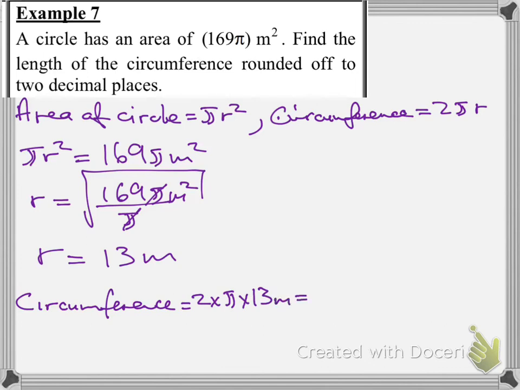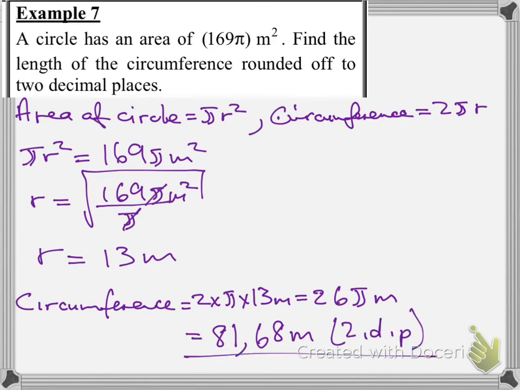So 2 times shift pi times 13 will give us 26 pi meters. Remember, they say we must round off to 2 decimal places, so it's going to be 81.68 meters. This is to 2 decimal places.